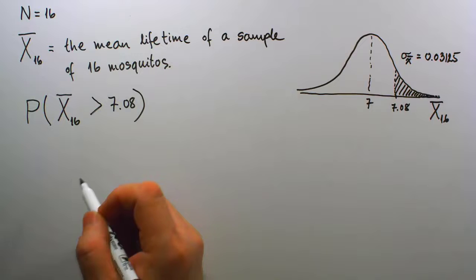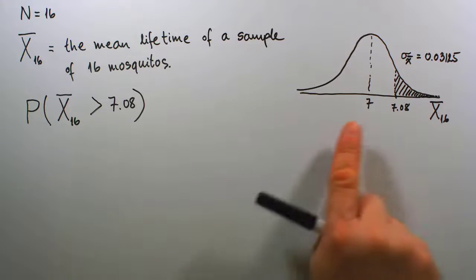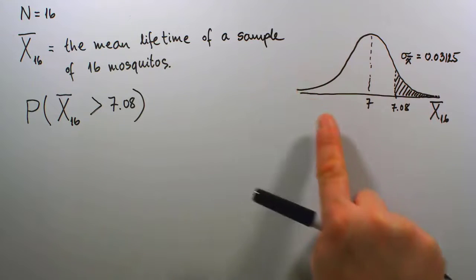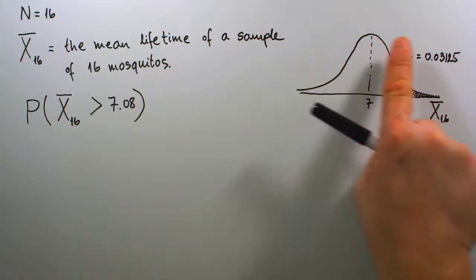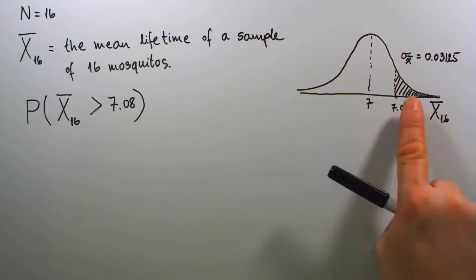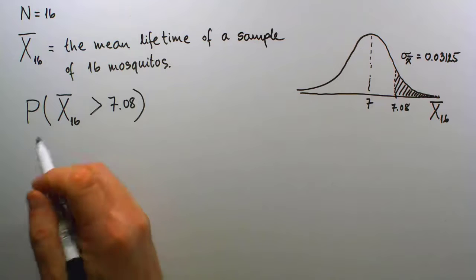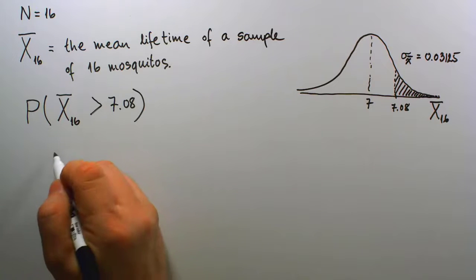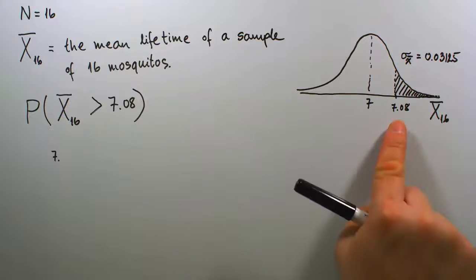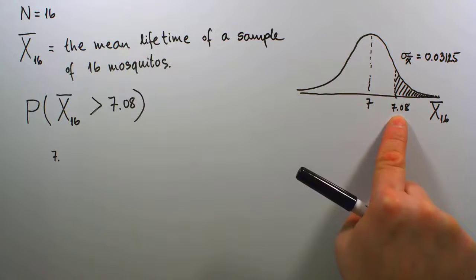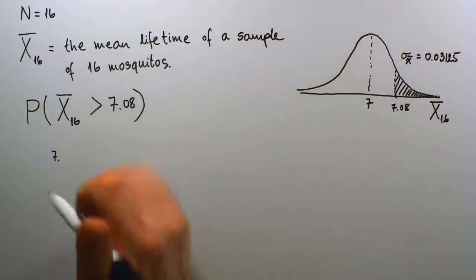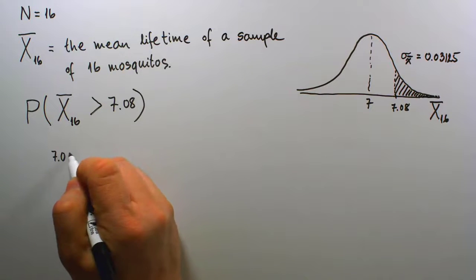And so now, realizing that we're putting ourselves back to just an ordinary bell curve problem where we simply need to find an area on the bell curve, then recall that we need to find the z-score of our value here. So our value here, our low end of the interval, is at 7.08. So let's find the z-score of this low end of the interval.